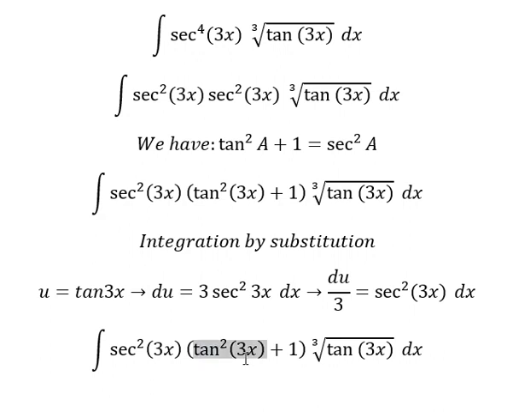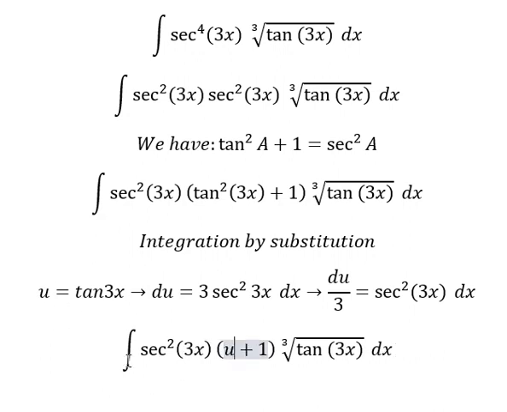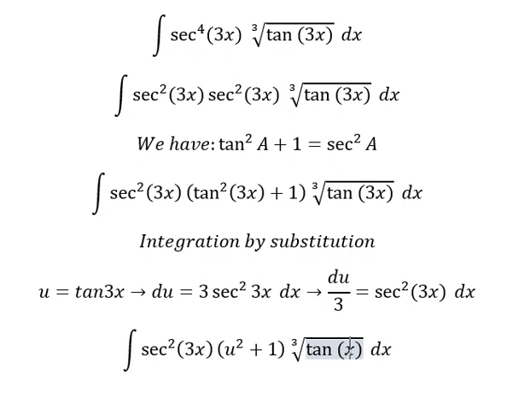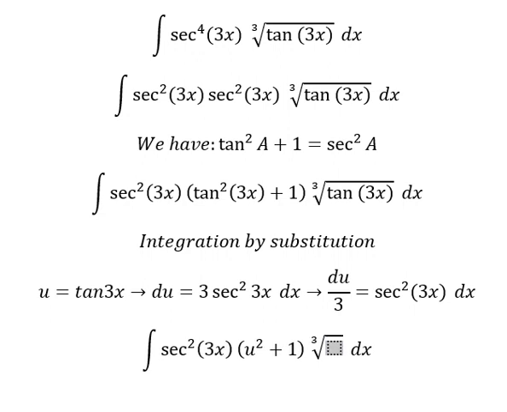So this one we need to transform into u, and we have u squared. This one that is about u. This one with the s we transform into this one.